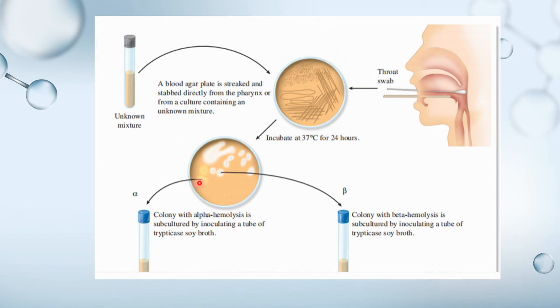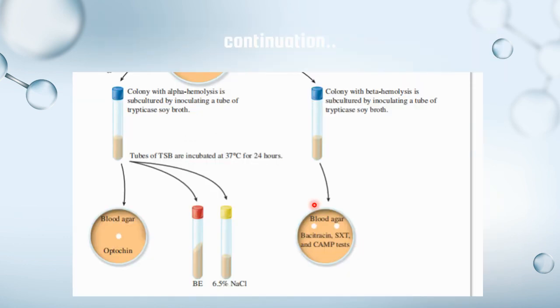If the pattern is alpha hemolytic, we can subculture it in trypticase soy broth. Okay? And the same with a beta hemolytic pattern, subculture it with trypticase soy broth. After the subculture, proceed with biochemical testing.